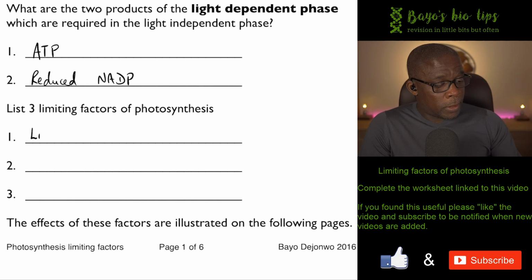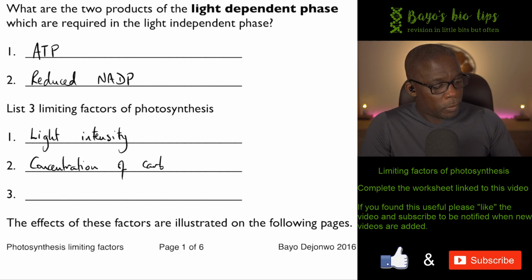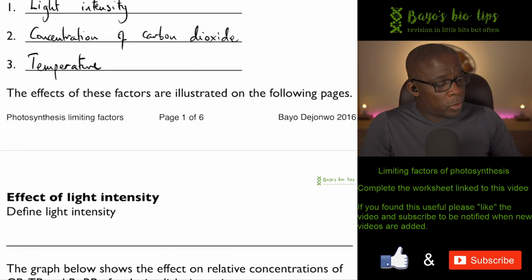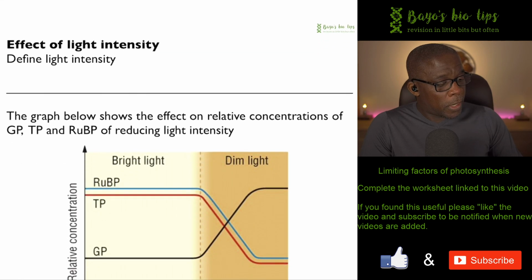You've got light intensity, which is the most obvious, because obviously we need light in order for photosynthesis to occur. And then you've also got the concentration of carbon dioxide. And then finally, temperature. Okay, so on to the next page to discuss the effect of light intensity.